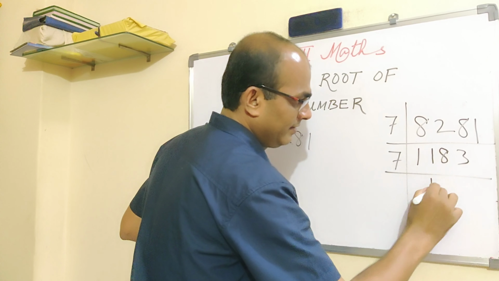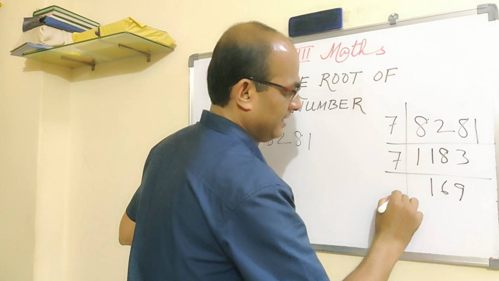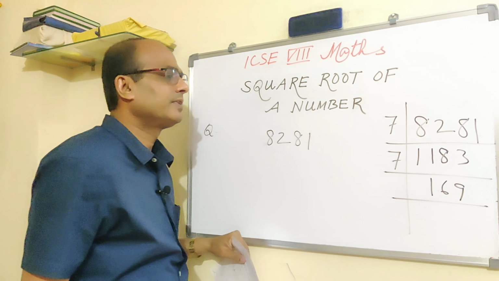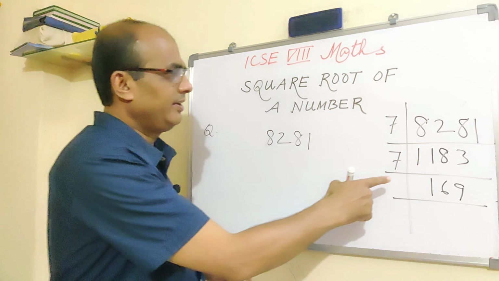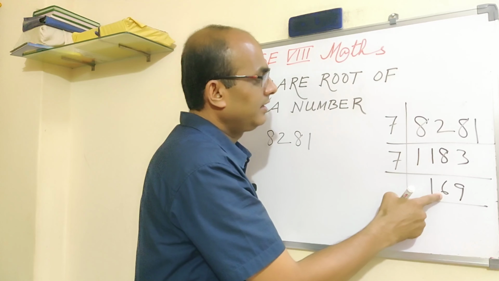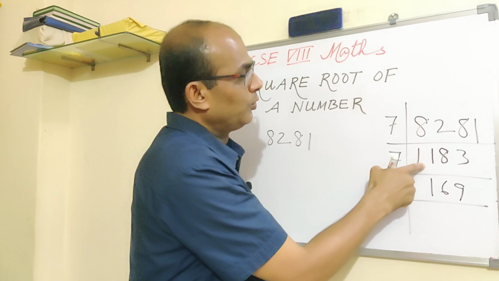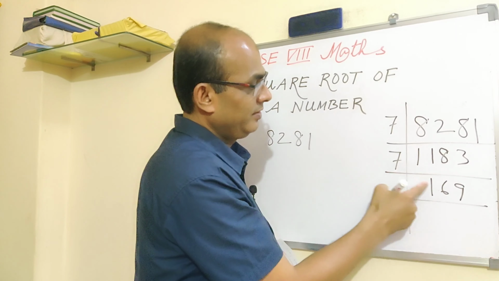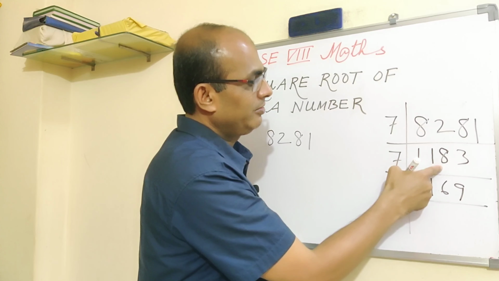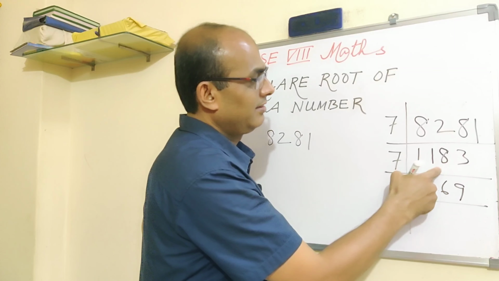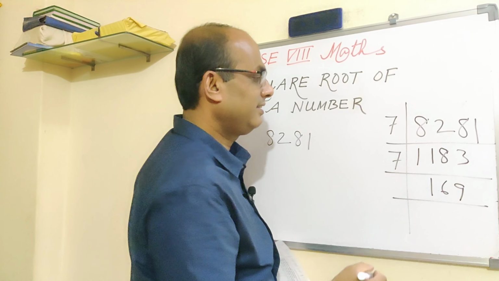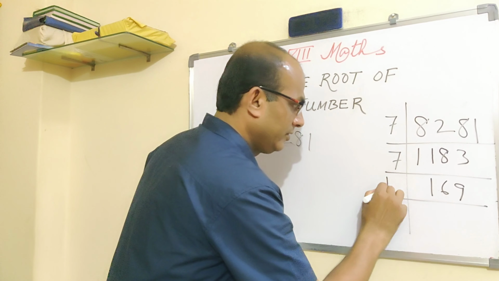Then you are getting 7 1s are, 7 6s are, 7 9s are. Alright. 169. 7 1s are 7, 5, 8, 7 6s are, 7 1s are 7. So 4, 4 and 8, 48. So 7 6s are 42. 48 minus 42, 6. 63. So 7 9s are 63. And this 13 into 13.